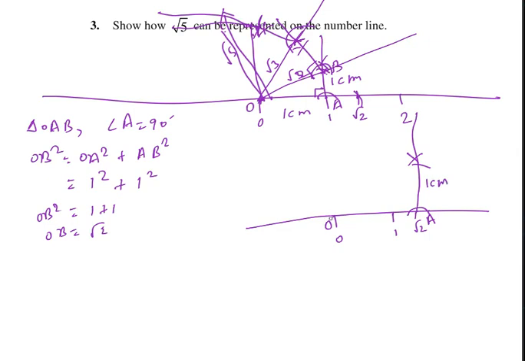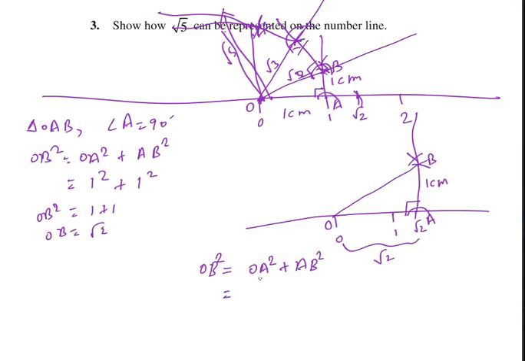So the length OA is root 2, and the length AB is 1 centimeter. If we join OB, we get a right angled triangle, so that OB square equals OA square plus AB square.